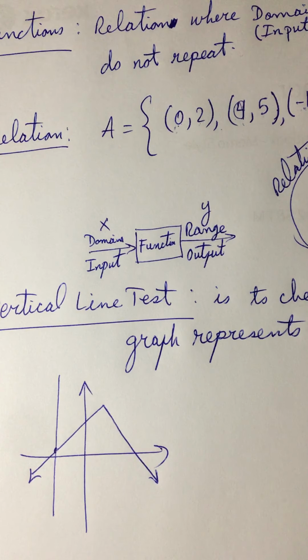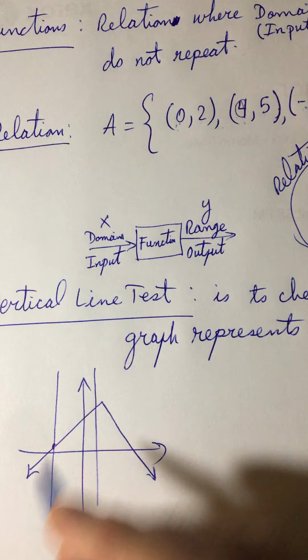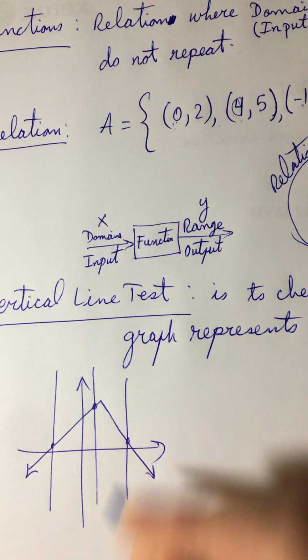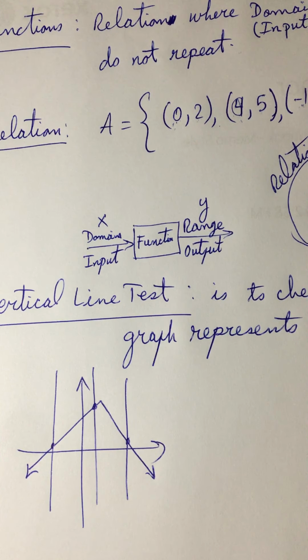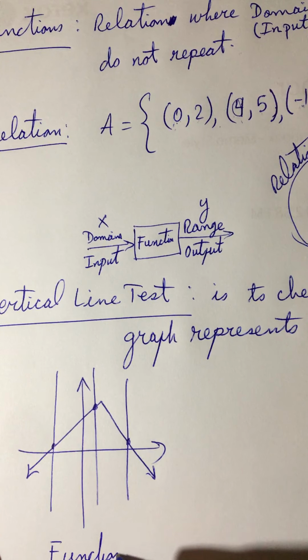Once. If I draw it over here, boom, how many times does it intersect the graph? Again, once. If I draw it over here, boom, once. So if your vertical line intersects your graph only once, then your graph is a function. So this is a function, or represents a function.